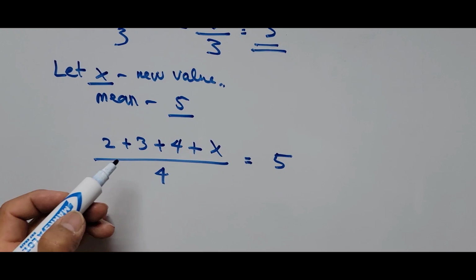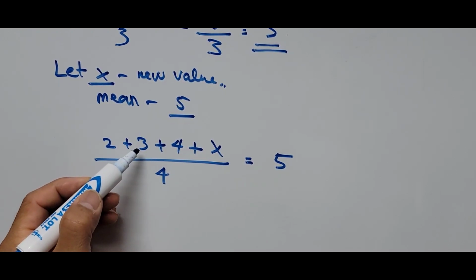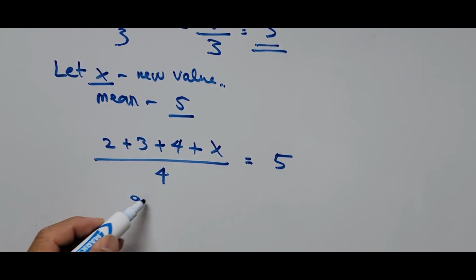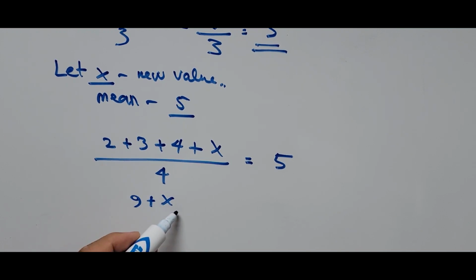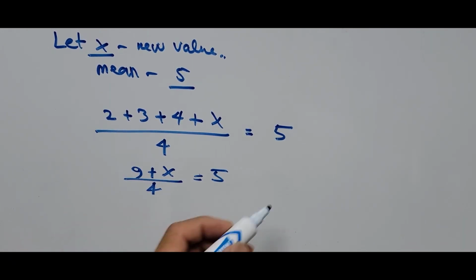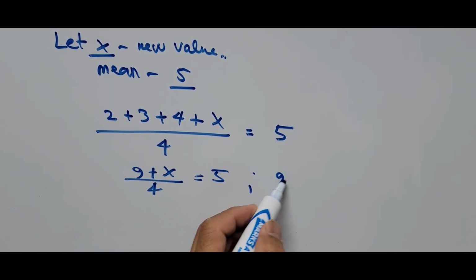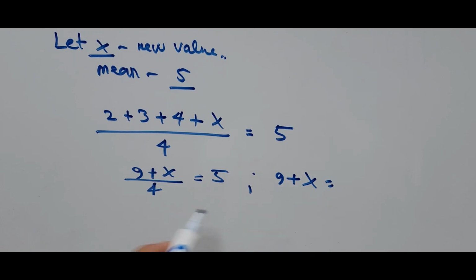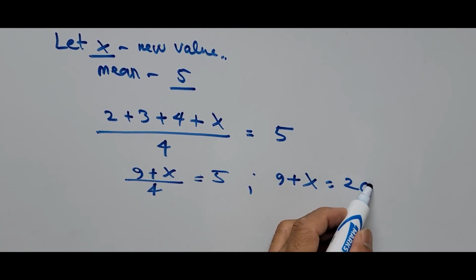From here, 2 plus 3 is 5, plus 4 is 9. 9 plus x is the numerator, the denominator is 4, equals 5. Simplifying further, this becomes 9 plus x equals 4 times 5, which is 20.